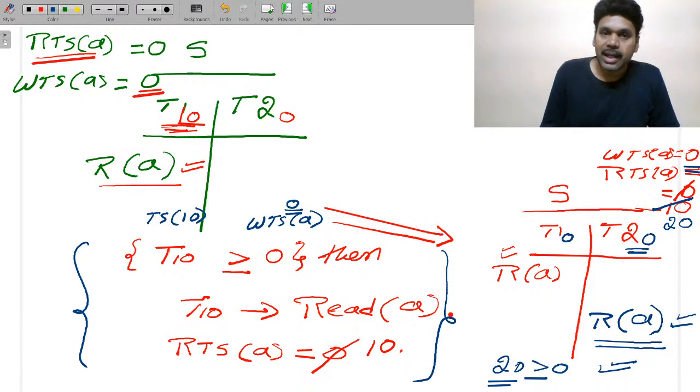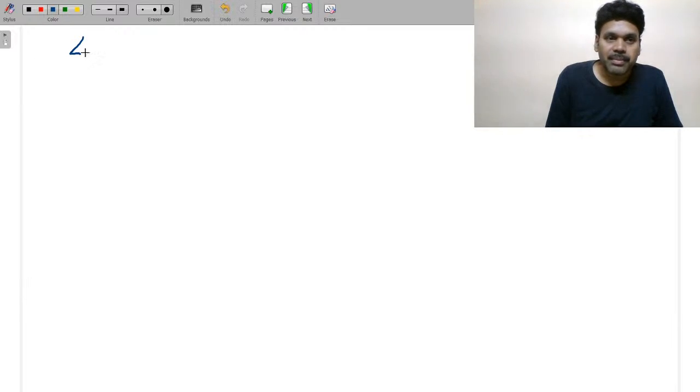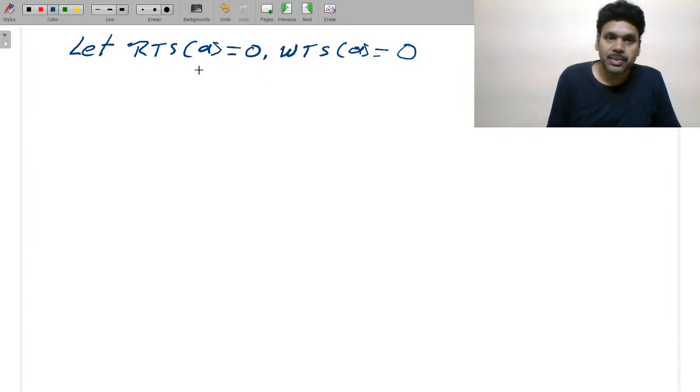Okay, friends, let us see once again with 2-3 transactions. Observe carefully, friends. I am saying let RTS of A is equal to 0 and WTS of A is equal to 0. I am starting with 0. Now the schedule begins.